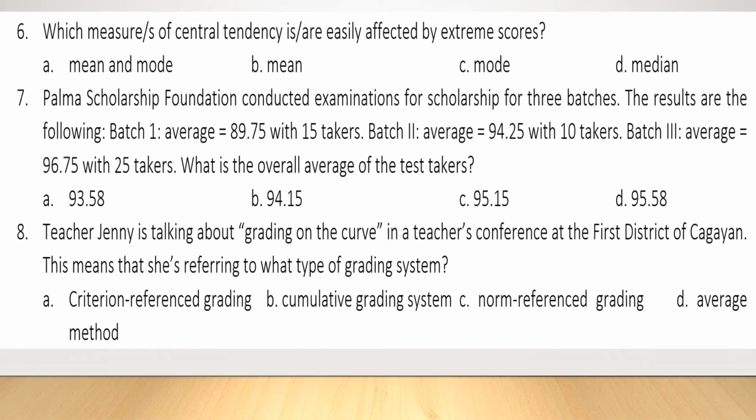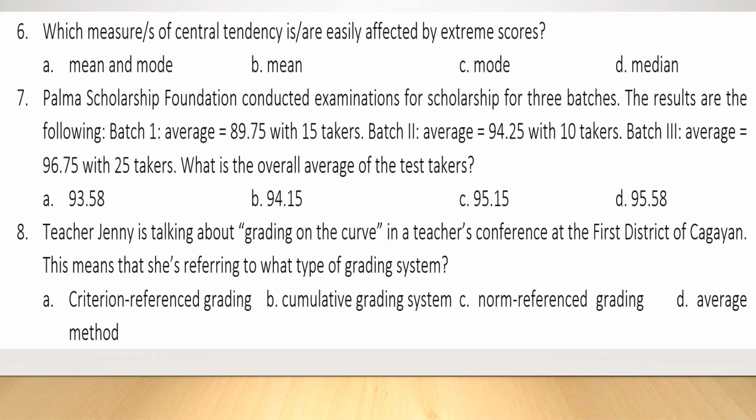Norm reference grading. Norm refers to people. Norm refers to students. So when your purpose of administering a particular test is to rank the students, that is norm reference grading. However, when your purpose of grading or testing the students is to compare their scores towards a particular standards or a particular criteria, that is criterion reference grading.